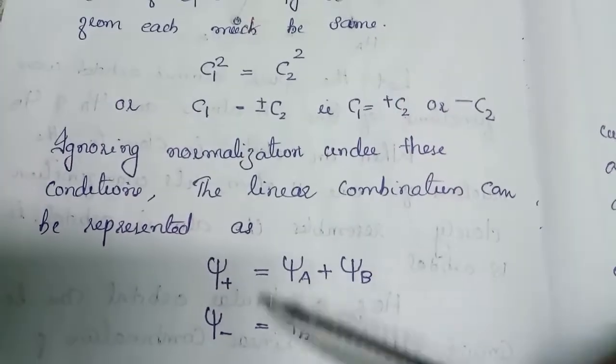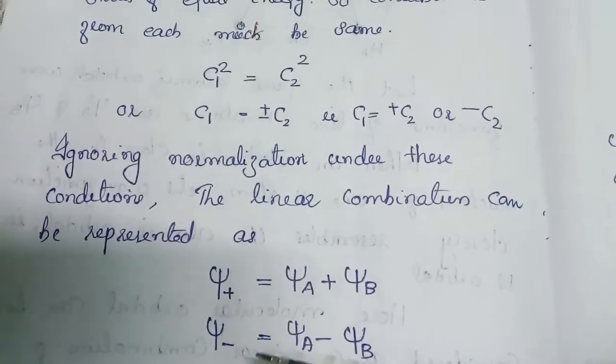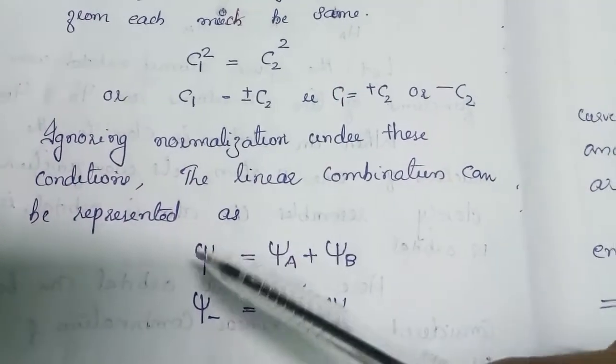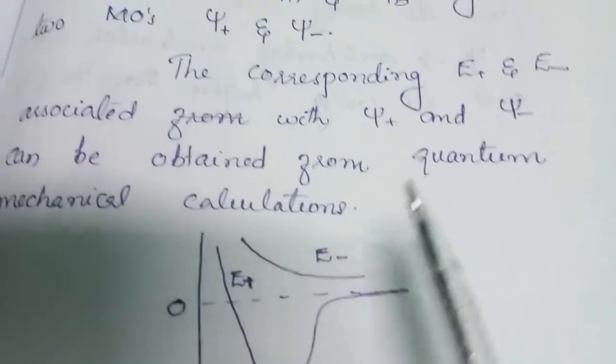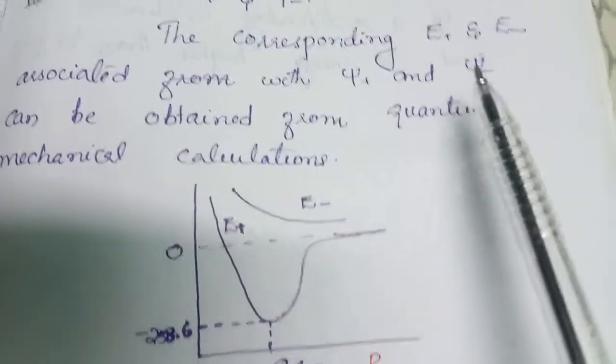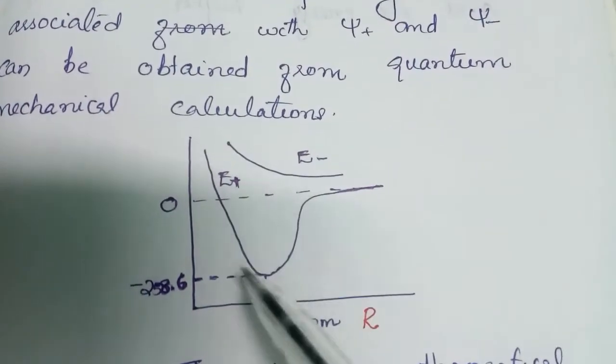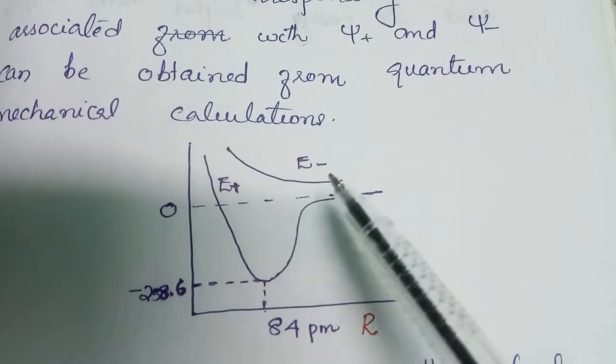So these psi plus and psi minus represent the molecular orbitals, and when we calculate the energy associated with psi plus and psi minus by quantum mechanical calculations, we will get E plus and E minus, and this represents the potential energy curve corresponding to psi plus and psi minus.